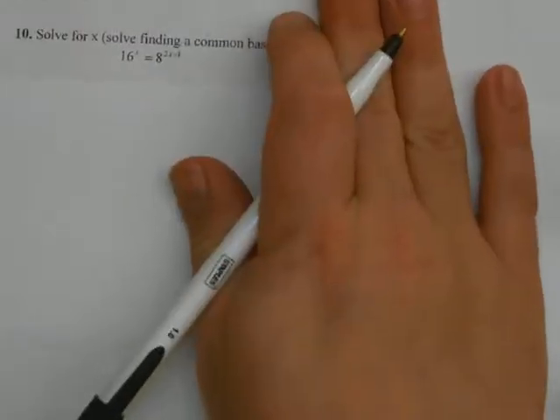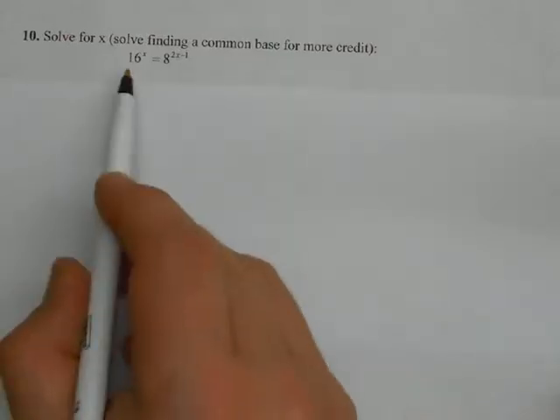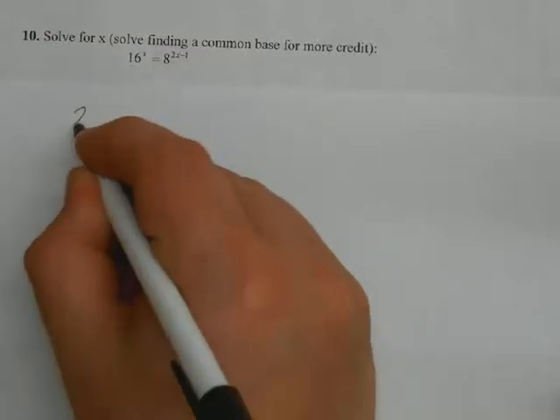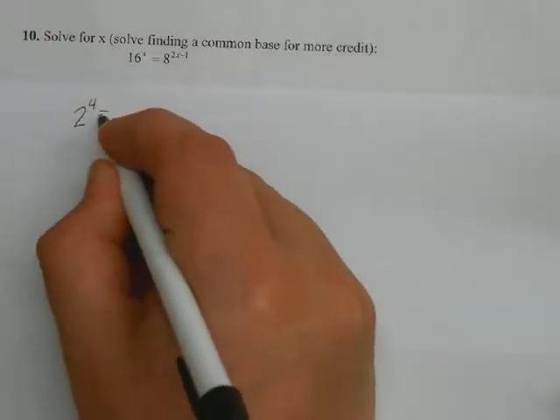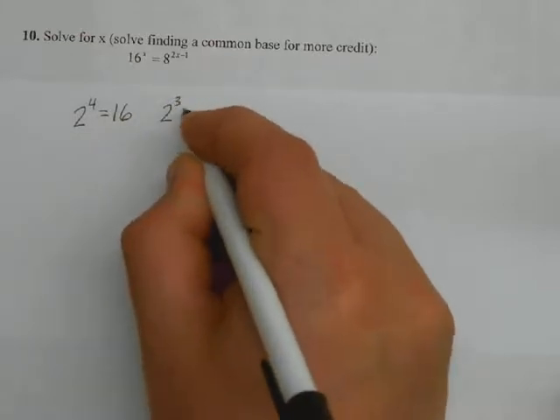Okay, then our last problem is similar to one from the front. We know that 16 and 8 are both powers of 2. 2 to the fourth is 16, and 2 to the third is 8.